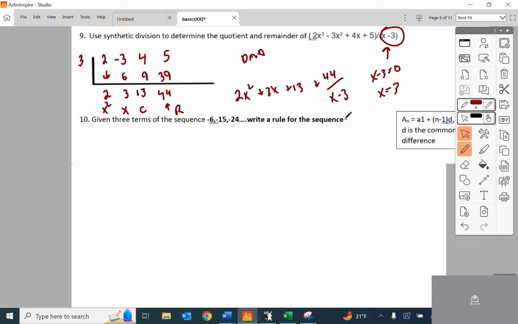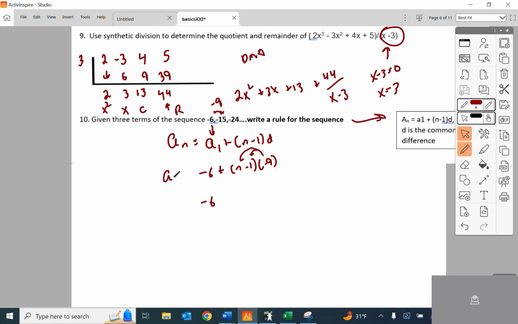Alright, so your rule is right here. She says a sub n is the first term plus parentheses n minus 1 times the difference. Looks to me like the difference is minus 9. And the first term is negative 6. Notice it's a multiplication operation. Some of y'all don't put parentheses, so you actually take away 9.